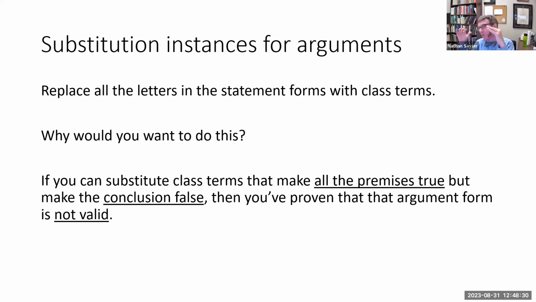Because if it's a valid argument form, it won't be possible to make the premises turn out true and yet the conclusion be false. Because the truth of the premises, by definition, will necessitate the truth of the conclusion.